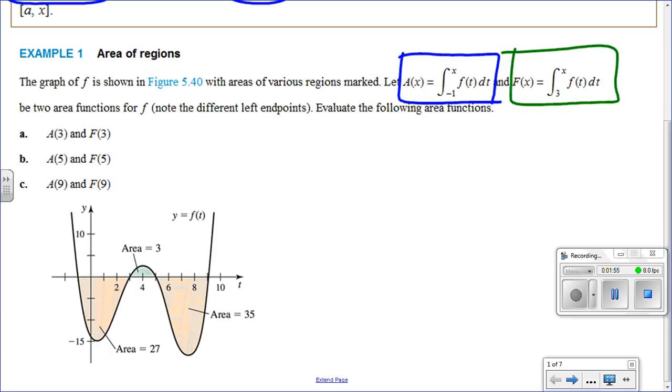So function uppercase A goes from -1 to x. So from -1 to whatever the x value is, okay? And that x value is going to come from here. All right? So that is the input that we have here for the area.